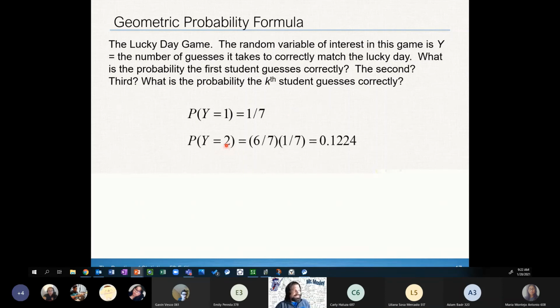The probability of the second student guessing correctly, which means the first student was incorrect, is 6/7 times 1/7.